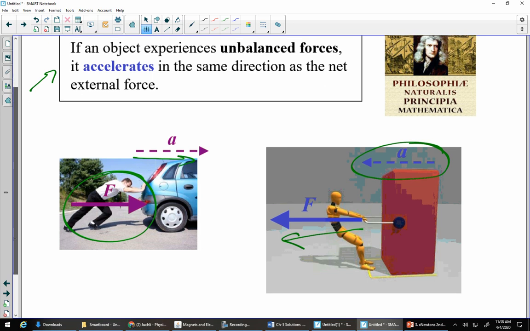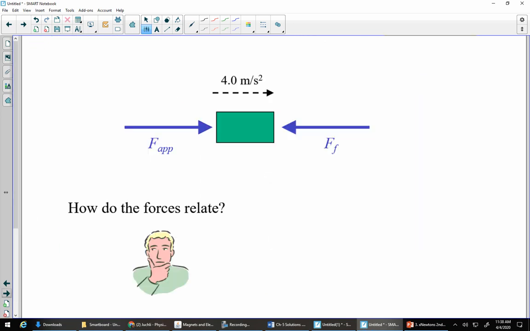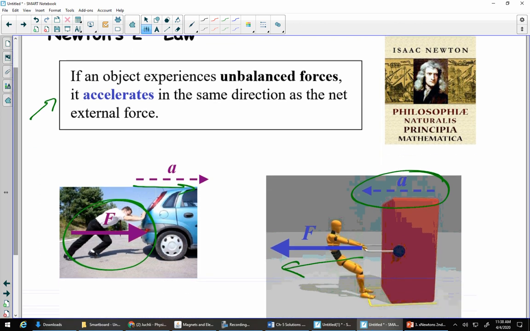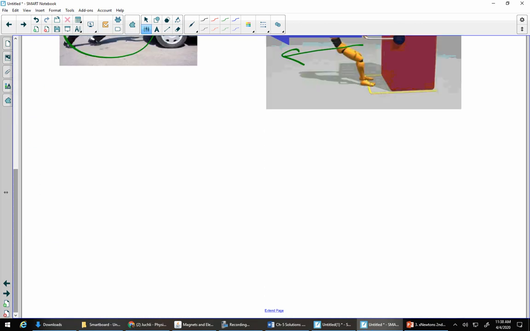We can also look at this in terms of a formula, and we'll just do that somewhere. Let me find some space on the board here. In terms of a formula, F net is mass times acceleration, and we'll explore this a little bit more, but it's saying whatever's happening to my net force, we've got a direct relationship with my acceleration.